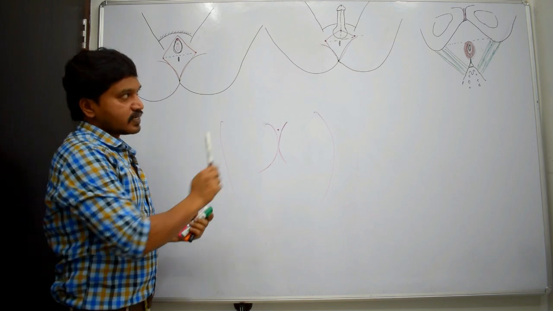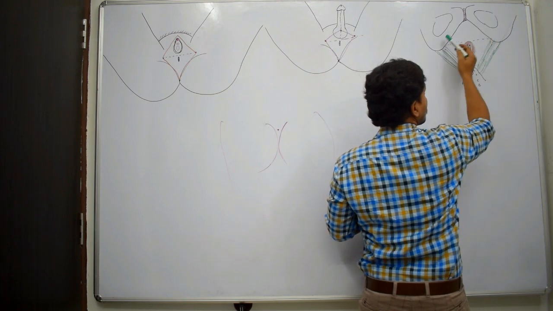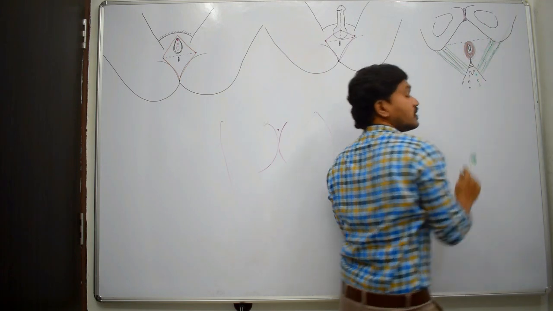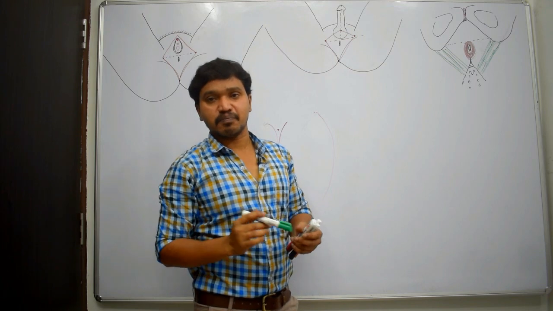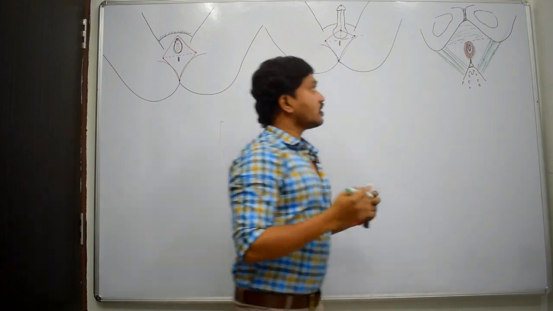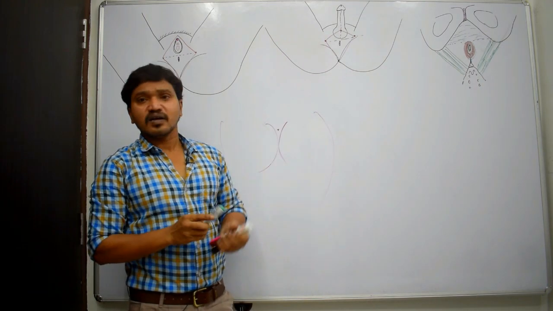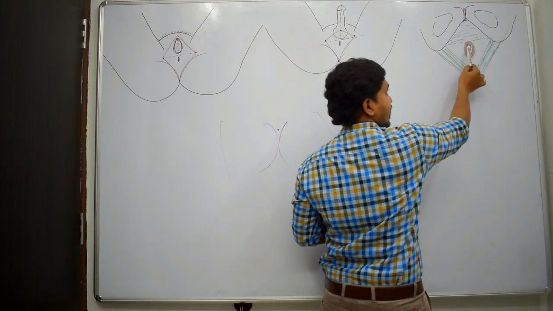Right? See, here itself, a few boundaries we can see. In between the two conjoined rami, there will be one membrane. That membrane we call the perineal membrane. So, here the perineal membrane will be present. Where is the ischiorectal fossa present? See, this is the anus.